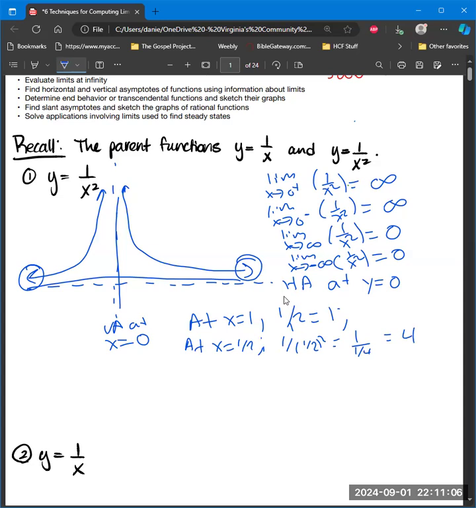And at x equals 1/1,000, 1 over 1/1,000 squared is 1 times 10 to the 6th, which is 1 million.